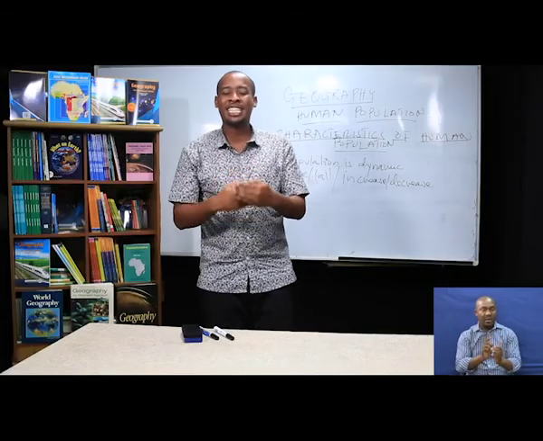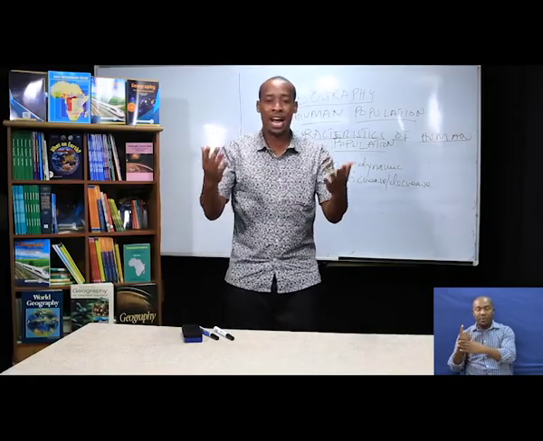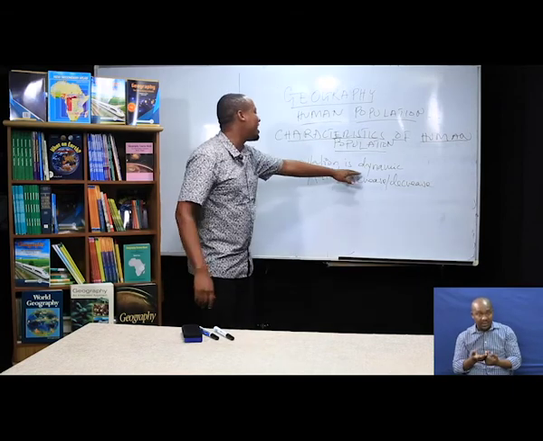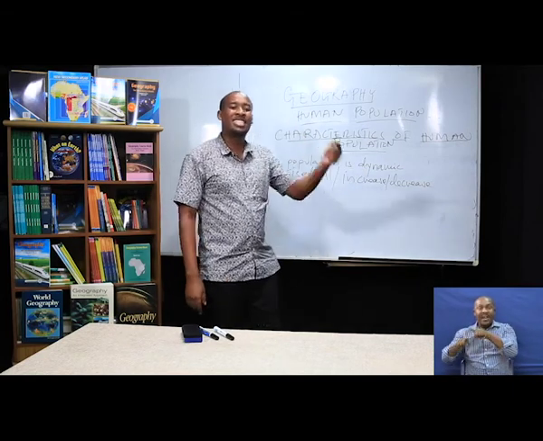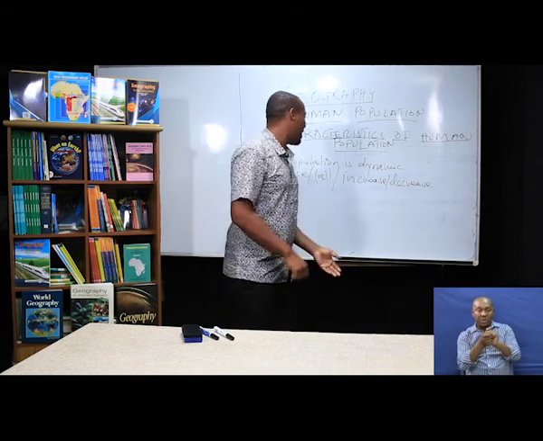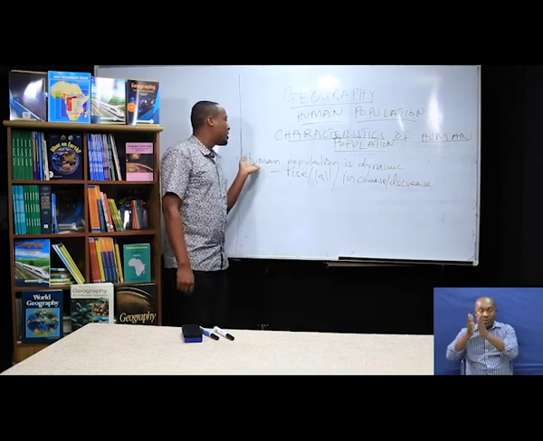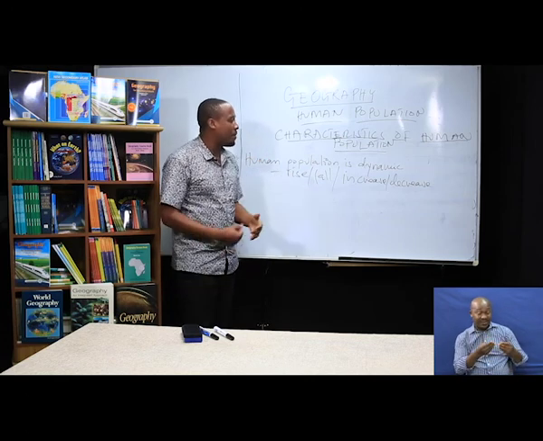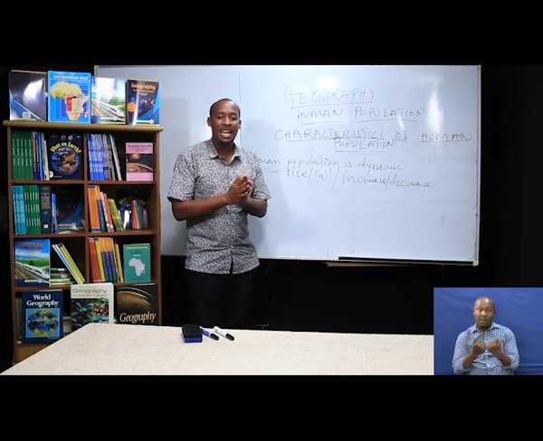It changes over time. So we have some variables, some factors that cause the variations, or that cause the change of human populations. So in simple terms, when we say human population is dynamic, it is true because it changes over time.